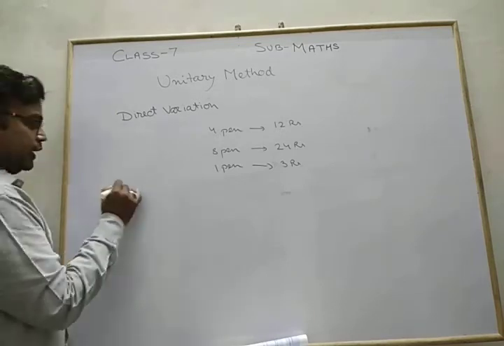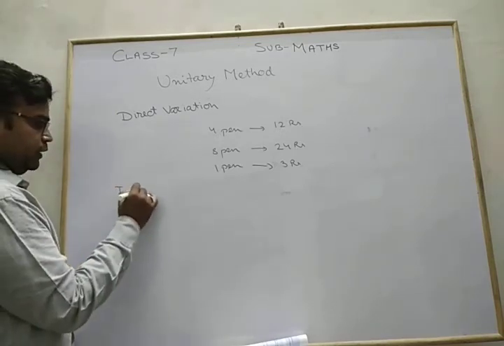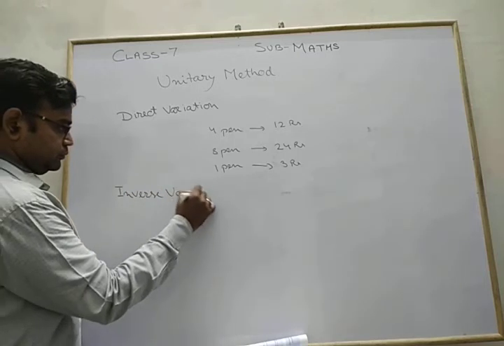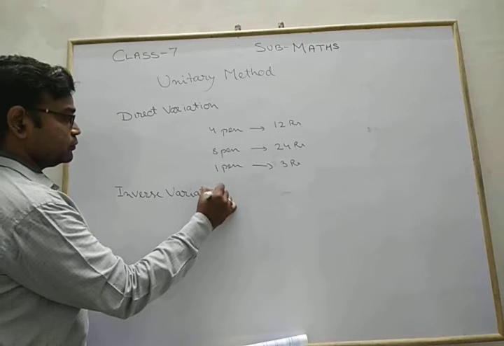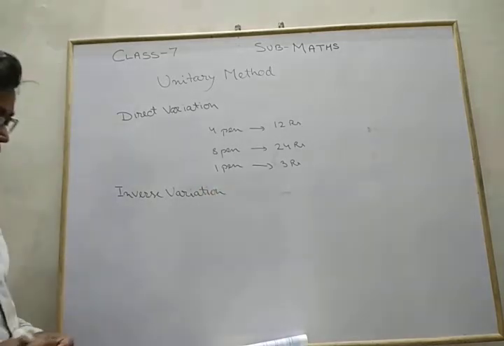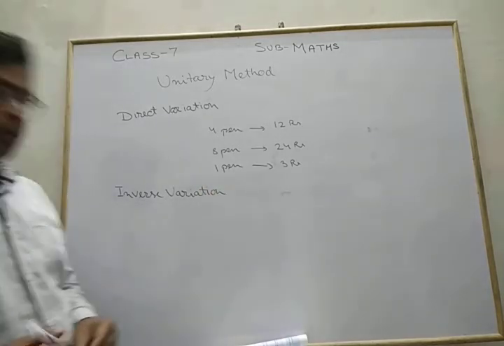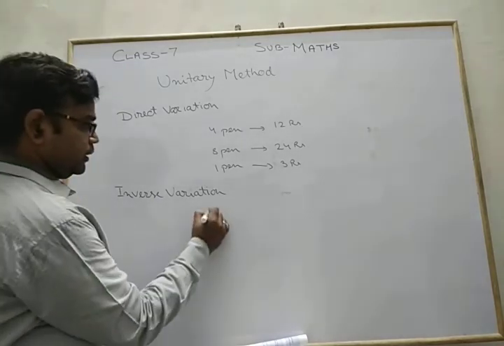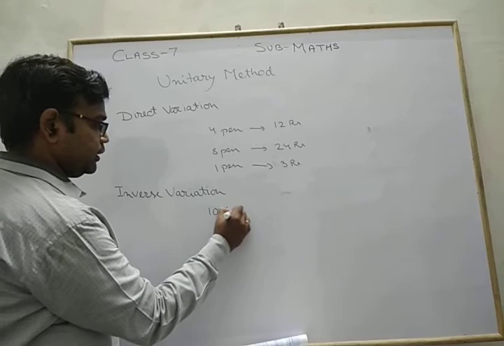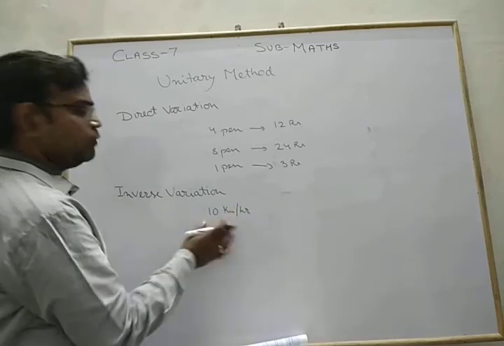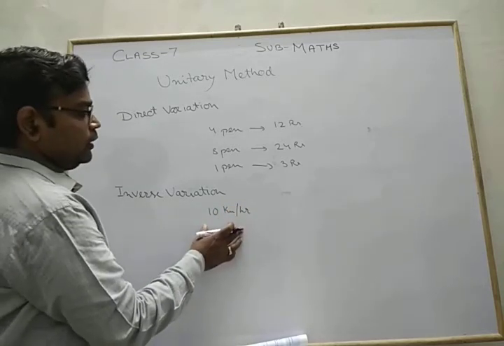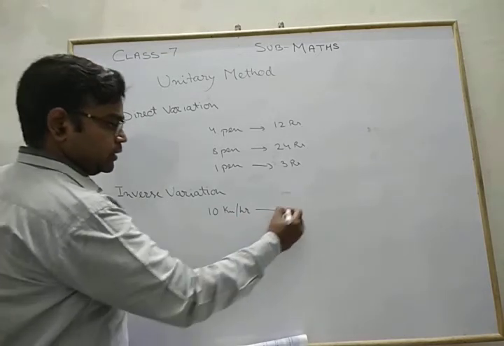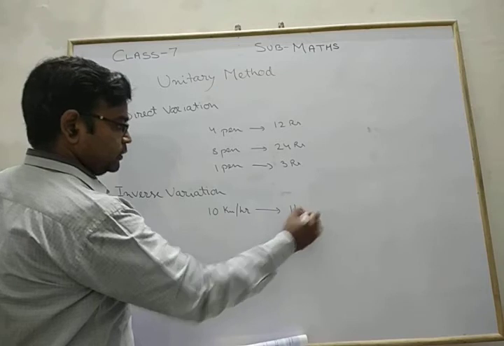In case of indirect variation or inverse variation, suppose the speed of a moving car is 10 km per hour. Then the time taken to cover a distance is 1 hour.